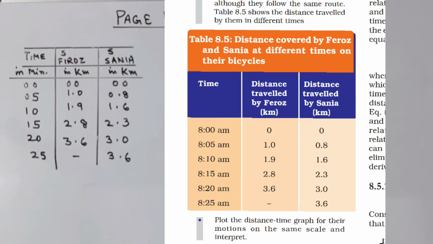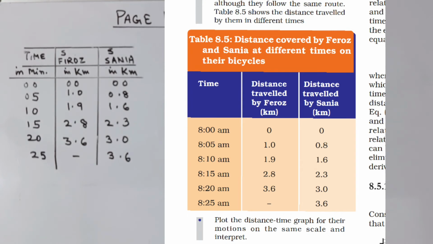Both of them start at the same time from their home but take different times to reach the school, although they follow the same route. Table 8.5 shows the distance travelled by them in different times. Plot the distance-time graph for their motions on the same scale and interpret. So here we have the question and the actual table given.